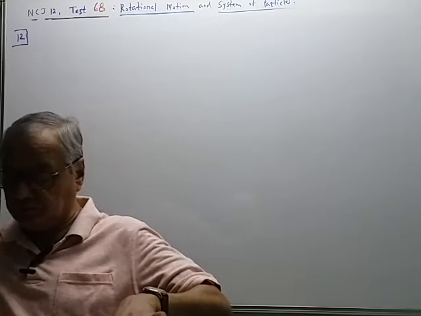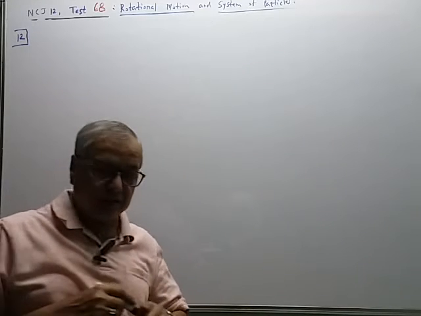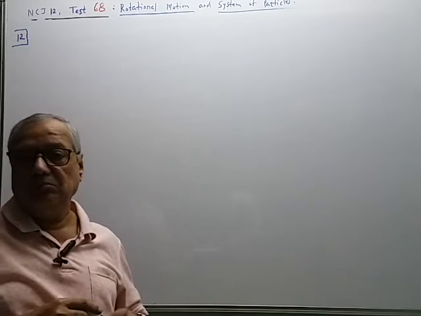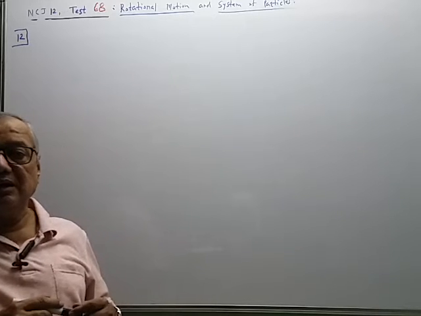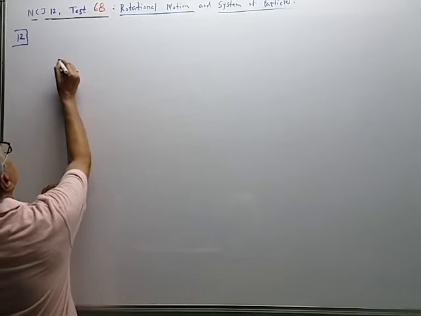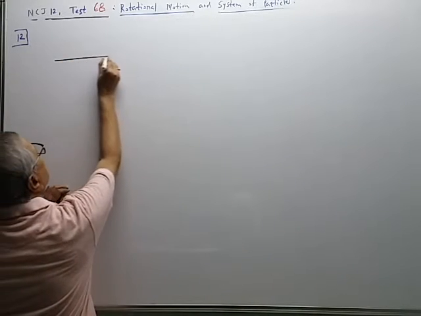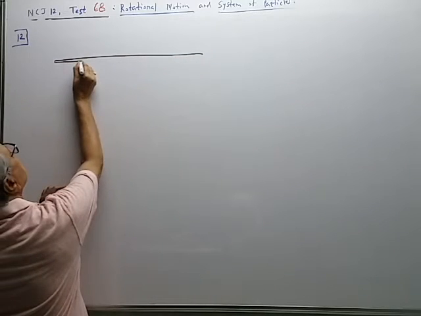So we have to find the moment of inertia about a given axis. We are using a meter scale. Meter scale means its total length is 1 meter, 100 centimeter. The figure can be drawn like this. Suppose this is a meter scale having negligible thickness.